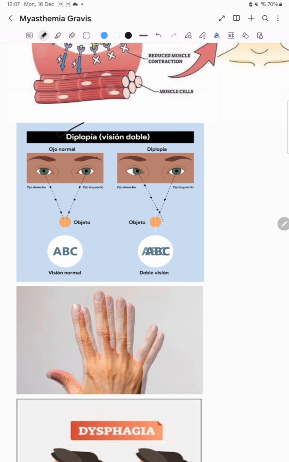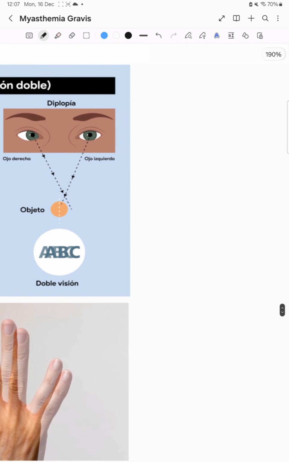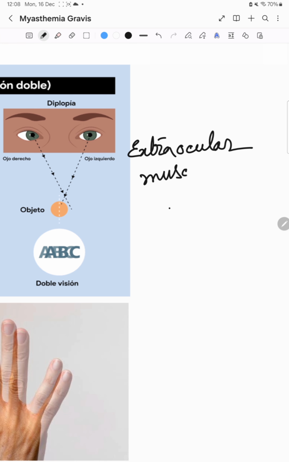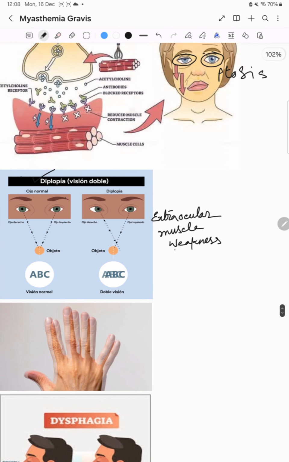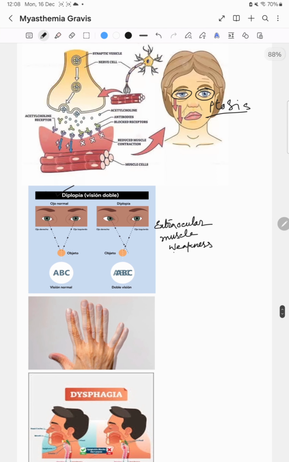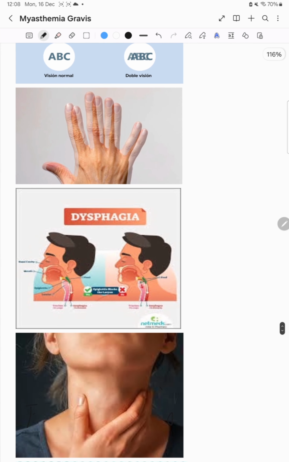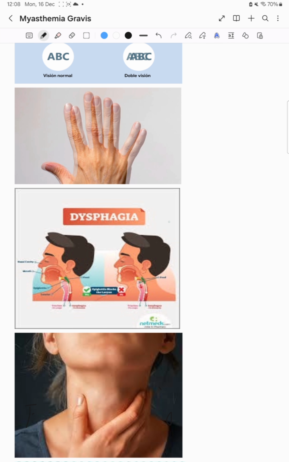So there is difficulty in visualizing an object, and this occurs due to extraocular muscle weakness. So first one is ptosis, drooping eyelids, second one is diplopia, and third one is dysphagia.